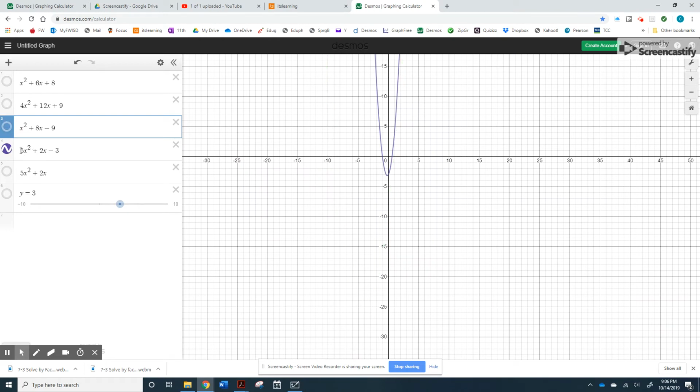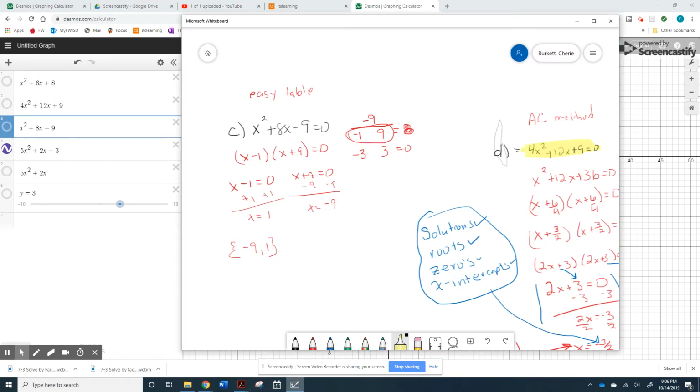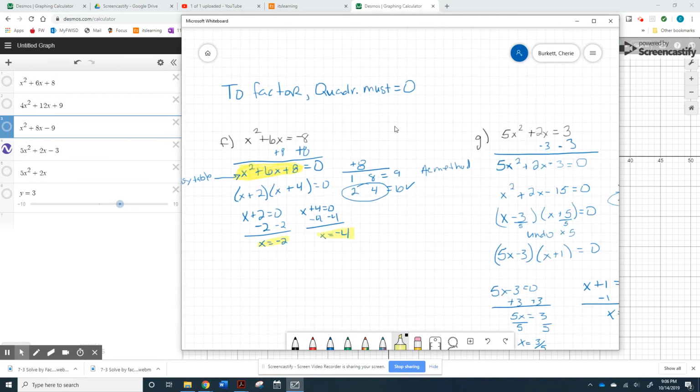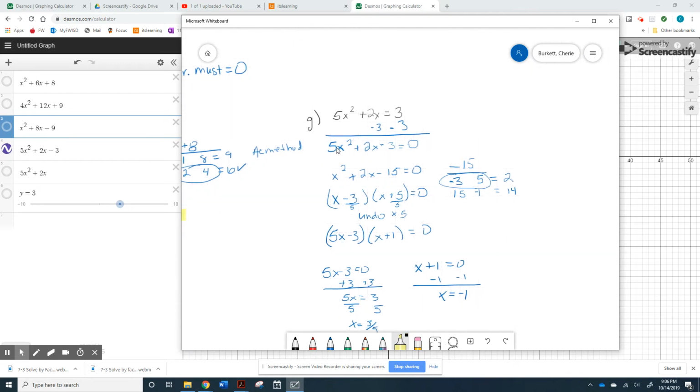This one, 5x squared plus 2x minus 3. I think that's one that I did over here. There it is. I took that problem, put it on here. We got the answers to be -1 and 3/5.